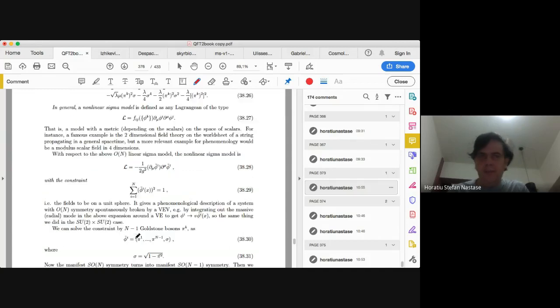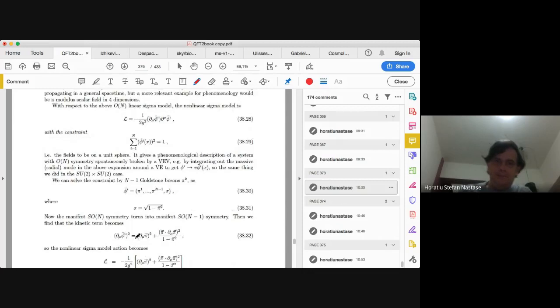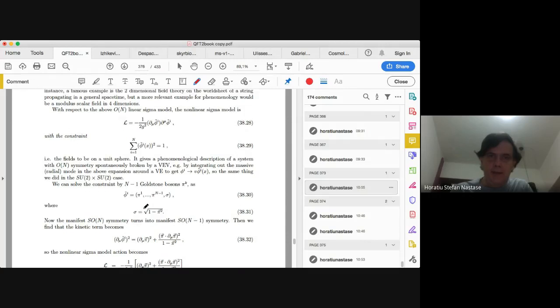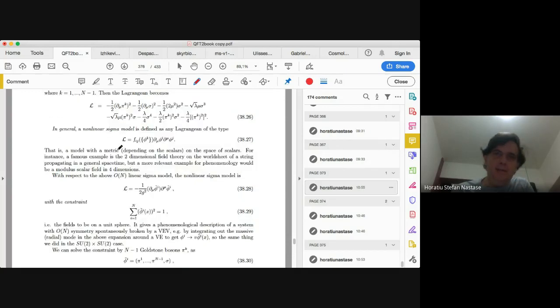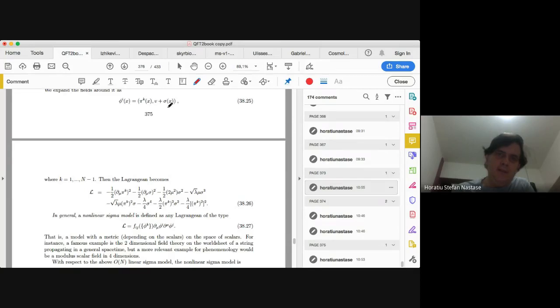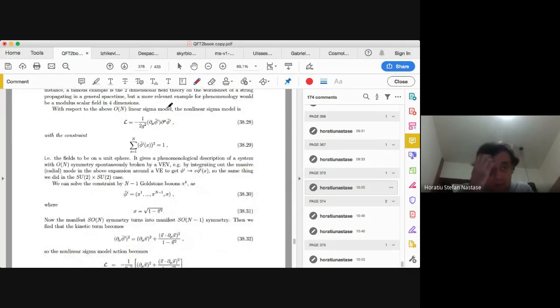obey the constraint phi tilde I squared is equal to 1. So then this nonlinear sigma model corresponds to fields being on the unit sphere, and gives a phenomenological description of a system with ON symmetry spontaneously broken by a VEV, obtained by integrating out the massive mode, the Higgs or sigma in this description.